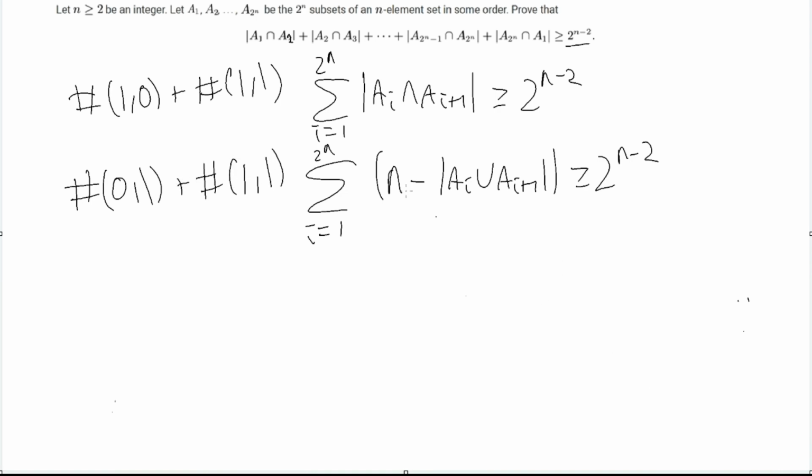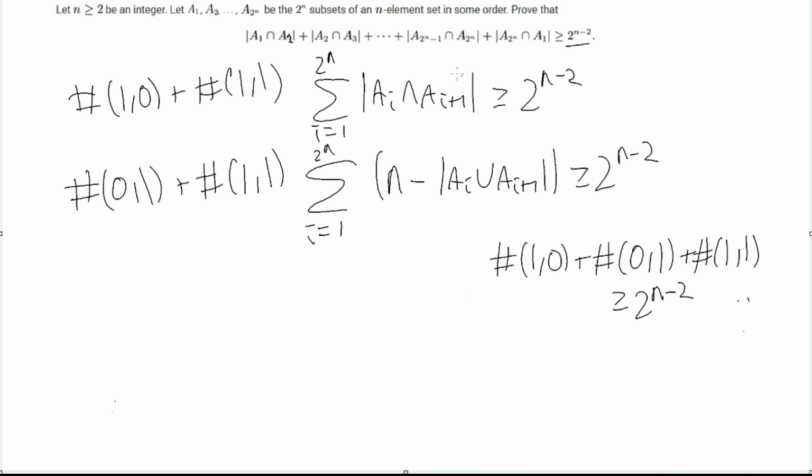And because these two were equal, we're basically using both of these at the same time. And we end up getting that these two are equal. And what we want to show is that because when we have number of 1, 0 plus number of 0, 1 plus number of 1, 1 is greater than or equal to 2 to the n minus 1, then one of these two is at least equal to 2 to the n minus 2.